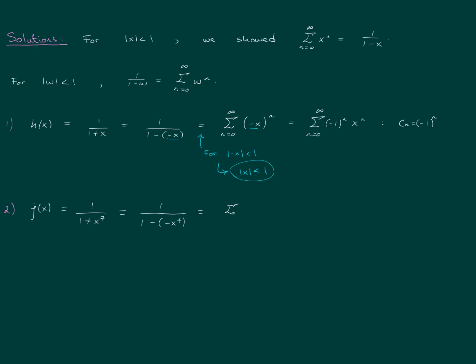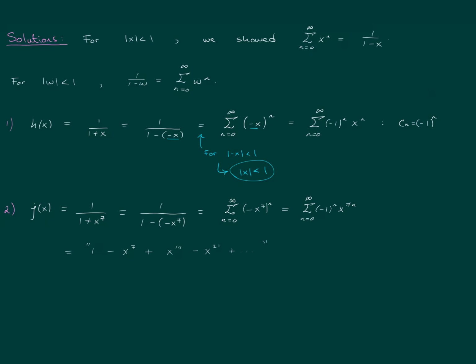And this sum is n from 0 to infinity of minus x to the 7 to the n, which is, separate them out again, minus 1 to the n, x to the 7n. It goes from 0 to infinity. Now this is 1 minus x to the 7 plus x to the 14, and so on. This is not the same as the other power series we looked at. It's not x to the n, it's x to the 7n, so we have to be a little bit more careful.